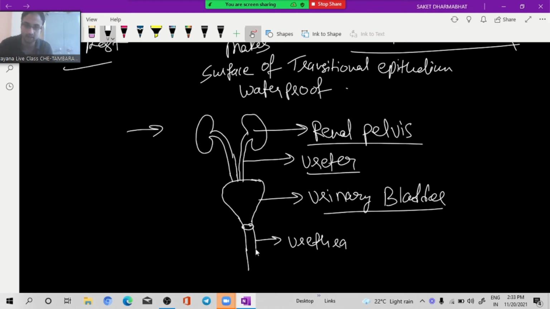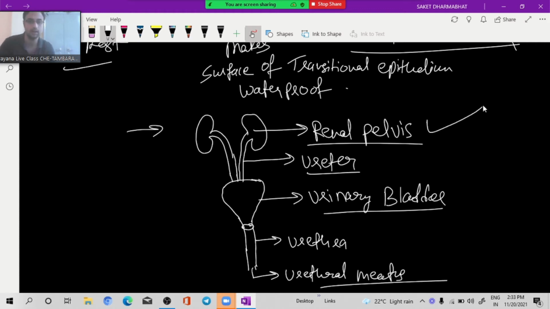The male urethra is 20 centimeters long, whereas the female urethra is 3 centimeters long. This outside opening is called the urethral meatus. Now the inner lining of the renal pelvis, ureter, urinary bladder, and this urethra is also divided into three parts. The urethra which is near the urinary bladder is called the proximal urethra.